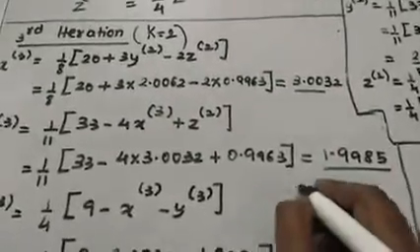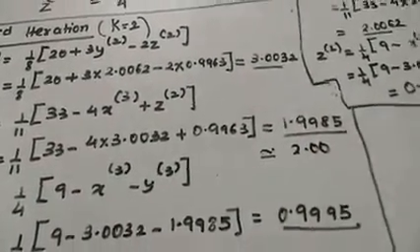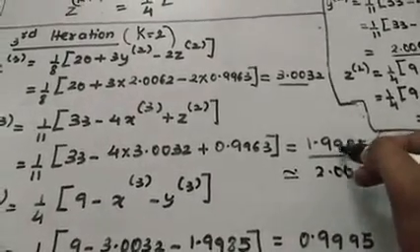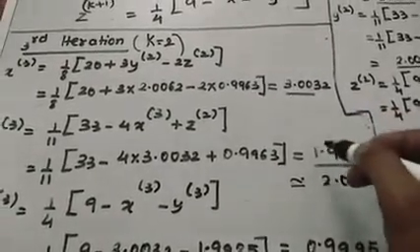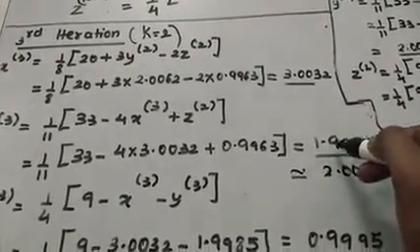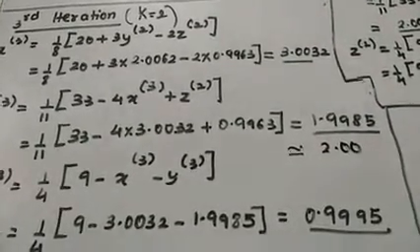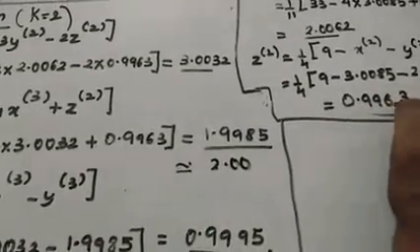What is here? 1.9985. If you approximate this, you will get 2.00. Because this is 8, if you add 1 here, 9 will become 10. Again add here, from 10 we take 1 and carry, so it approximately becomes 2.00. Clear? Now here 3 significant figures, 0.9963.